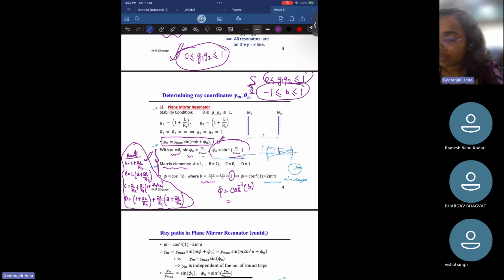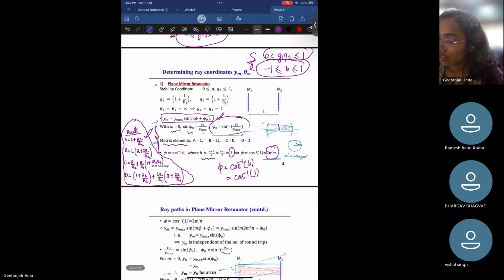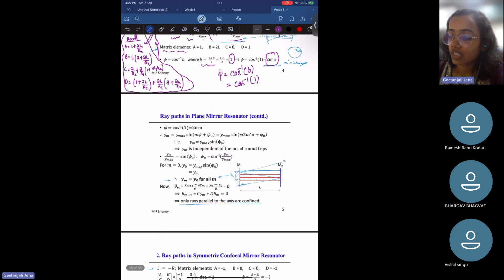So this is cos inverse of 1. That means you can write φ is 2m′π. If the angle is an even multiple of π, then you will get a value of 1 for the cos function. So the φ value that we got is 2m′π.